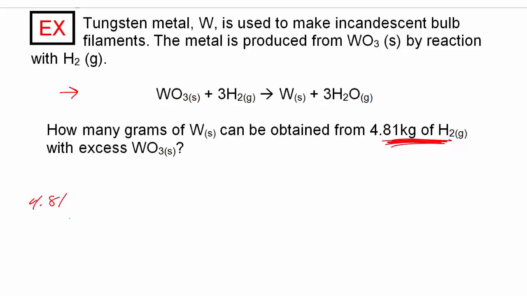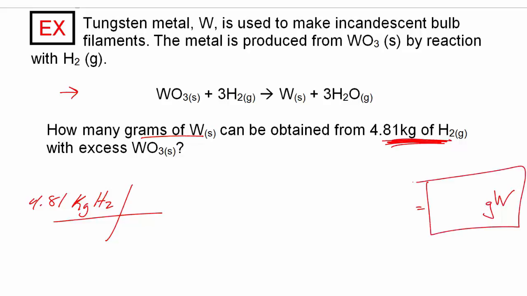How much tungsten can you get out of that? So we want to stop at grams of tungsten. We're in kilograms of hydrogen, so we need to get to grams of hydrogen. Then once we're in grams of hydrogen, we can get into moles.